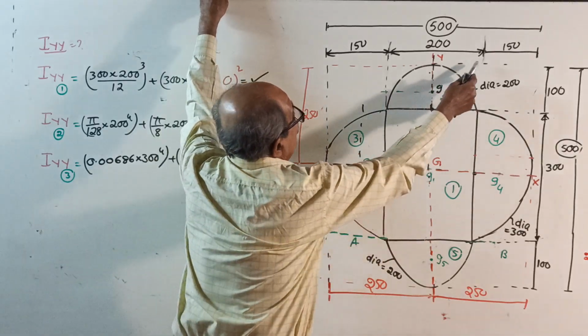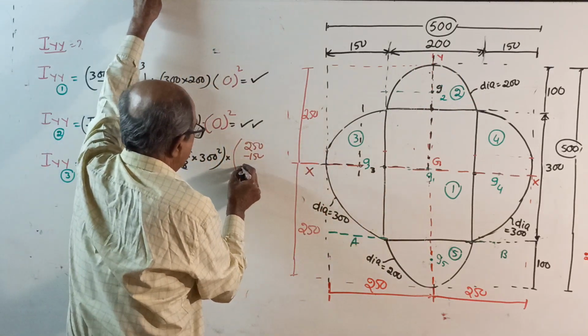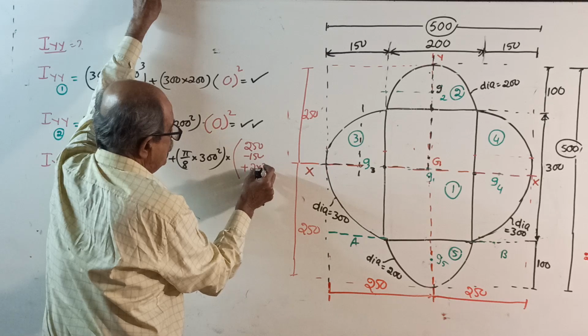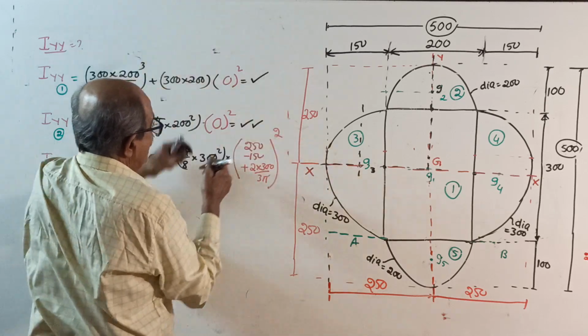It is visible here. When this is 200, it is 100. That distance plus 2d by 3 pi whole square. 2 into 300 by 3 pi whole square. Let it be triple right.